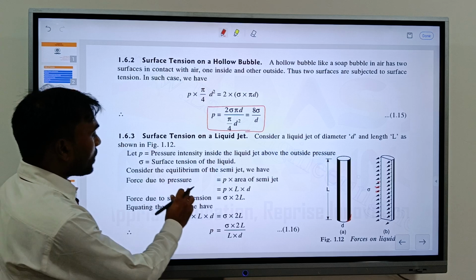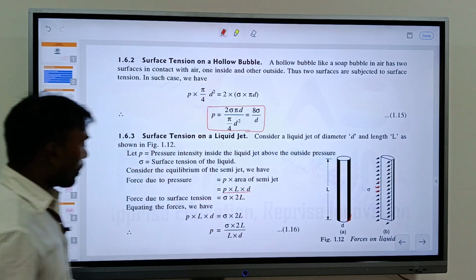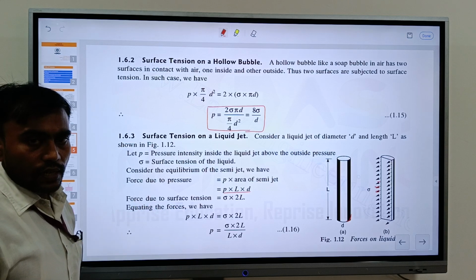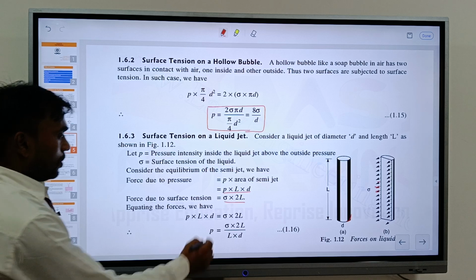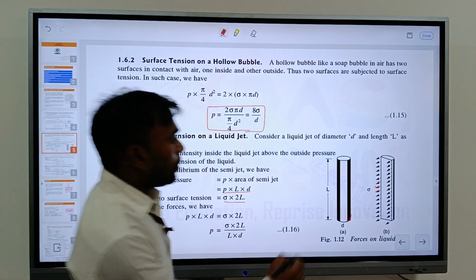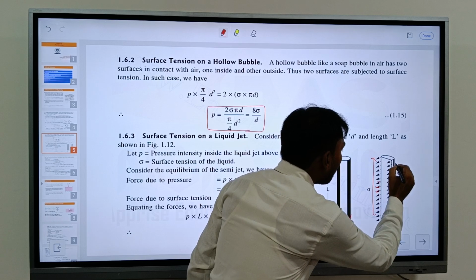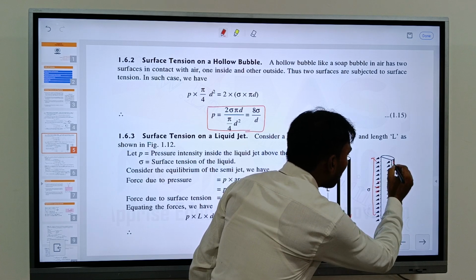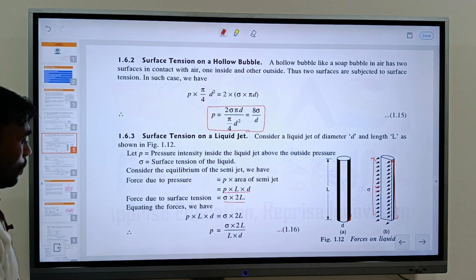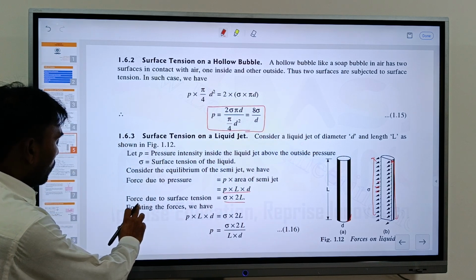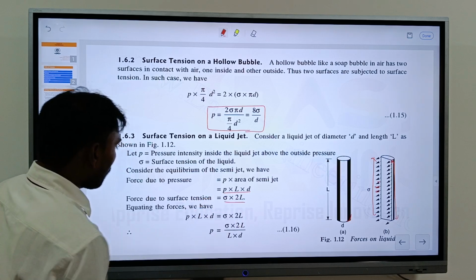So the force due to pressure will be P into L into D. Now the force due to surface tension will be equal to sigma into 2L, where 2L is the total length along which surface tension acts, that is 2 times L.